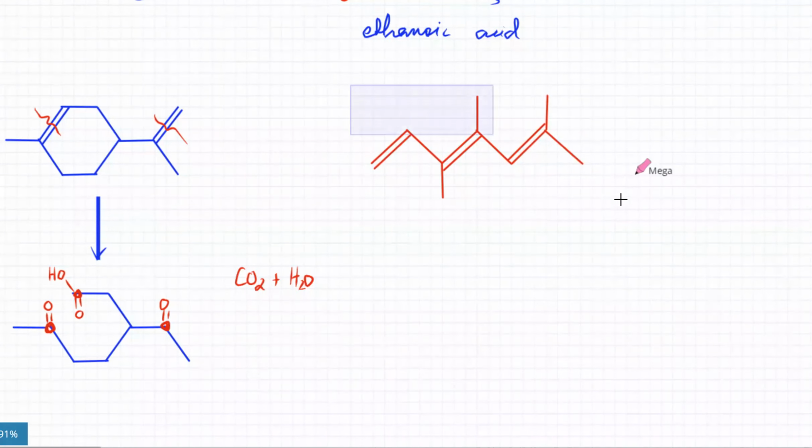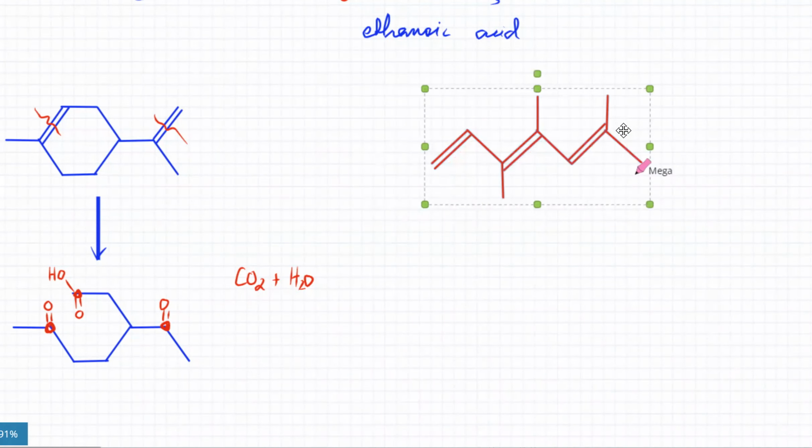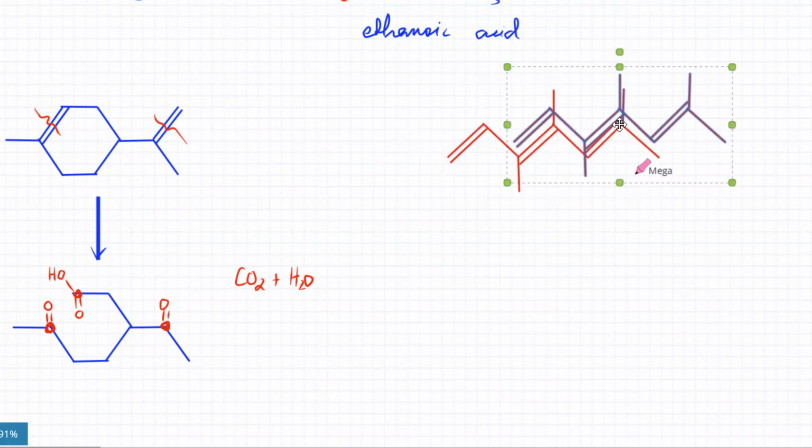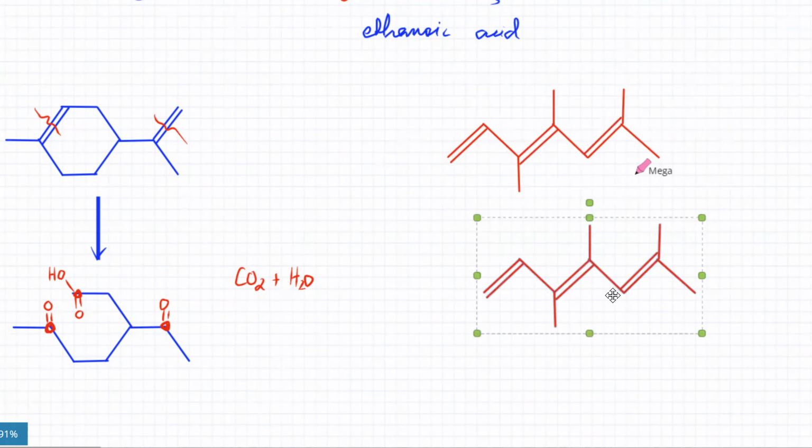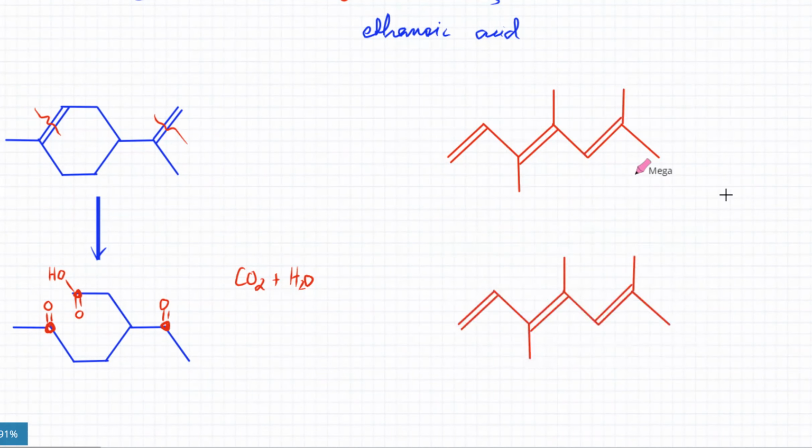So I'm going to try and figure out what's going to happen to it. First thing, all the double bonds are going to break. This one would break. This one would break. This one would also break. All of them should break. So let's break them all.